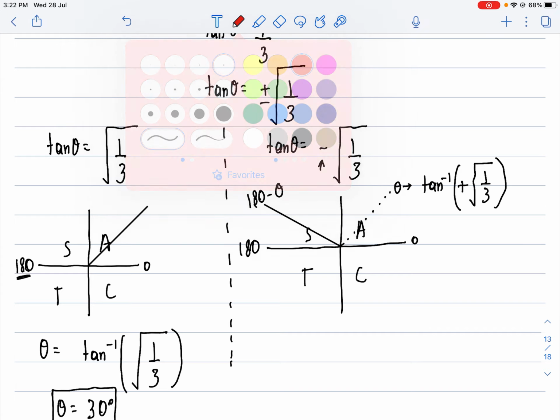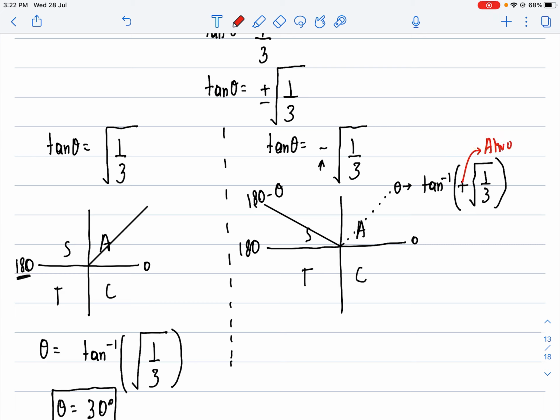I'm noting this down. Very important note. This is always positive, as it's in the first quadrant. This is a really important thing which you need to know.